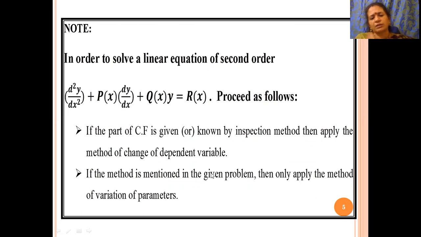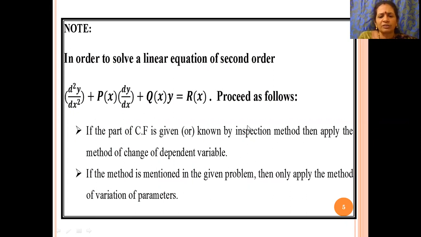If the complementary function is known, we can proceed further. Otherwise, if we don't know the complementary function, we can follow the inspection method to find the complementary function, then apply the method of change of dependent variable. The second condition is if the method is mentioned in the given problem, then apply only the method of variation of parameters.